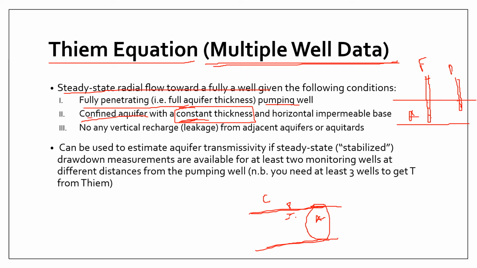So a confined aquifer is necessary for a quasi-steady state, and you also have to have an impermeable aquifer base. This layer beneath the aquifer should also be impermeable, so you don't get water leaking in and out of your bedrock or your base.